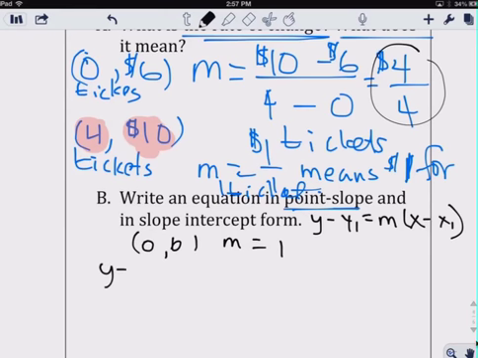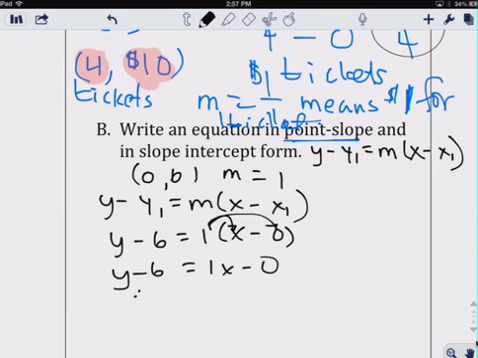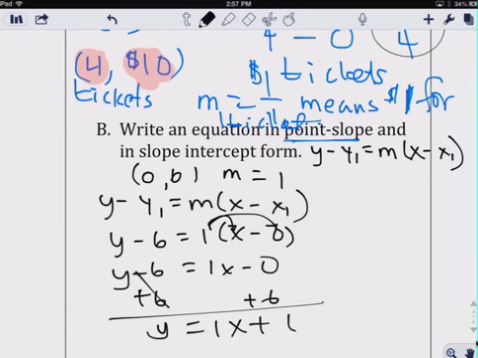So y minus 6 equals 1 parentheses x minus 0. Distribute, 1x minus 0. y minus 6. So you add 6, y equals 1x plus 6.